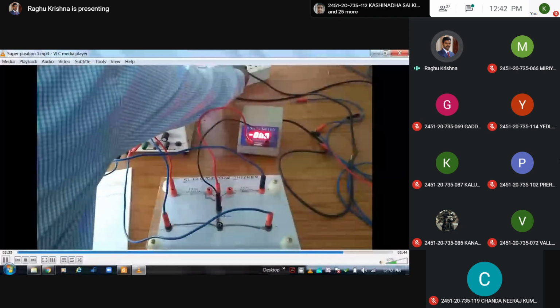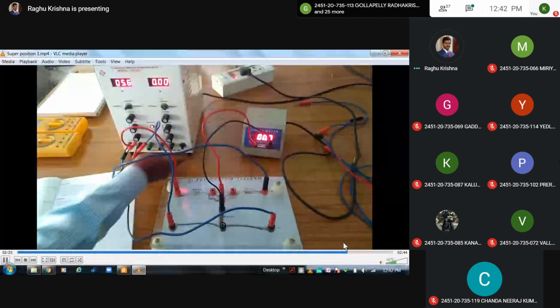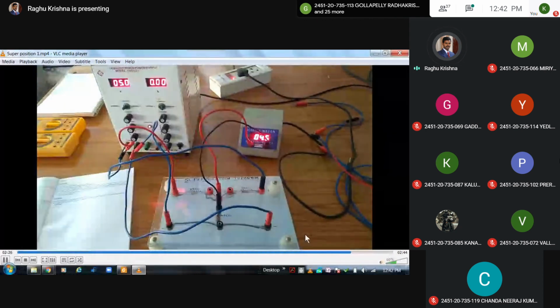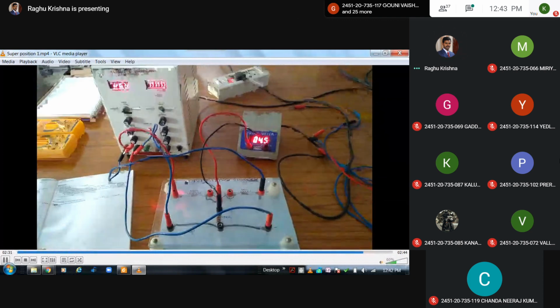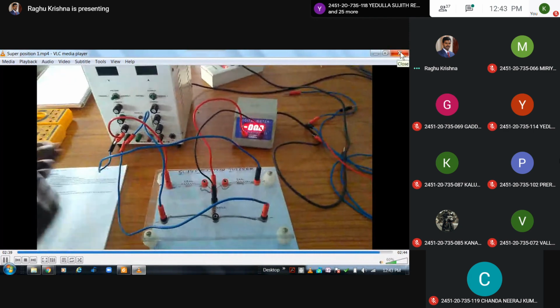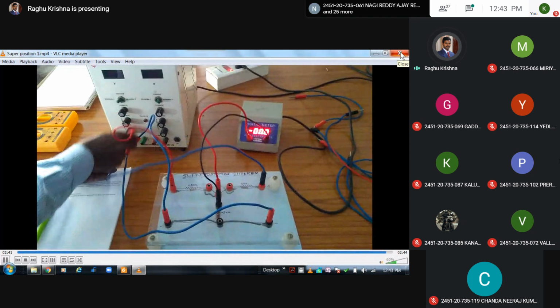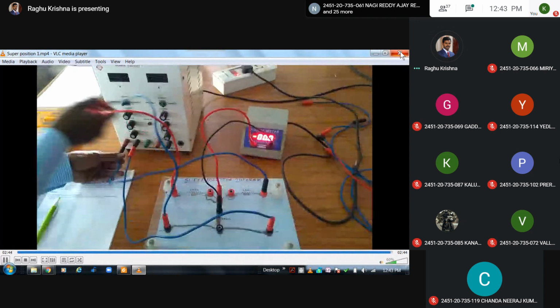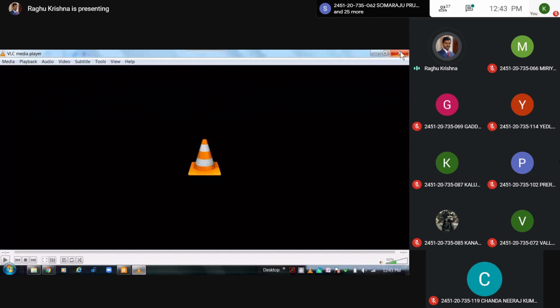So I am applying 5 volts at both sides, V1 equal to 5 volts, V2 equal to 5 volts. I am going to get the current as 4.9. Similarly, repeat the experiment for 10 volts, 15 volts. So finally here you are going to get these values.